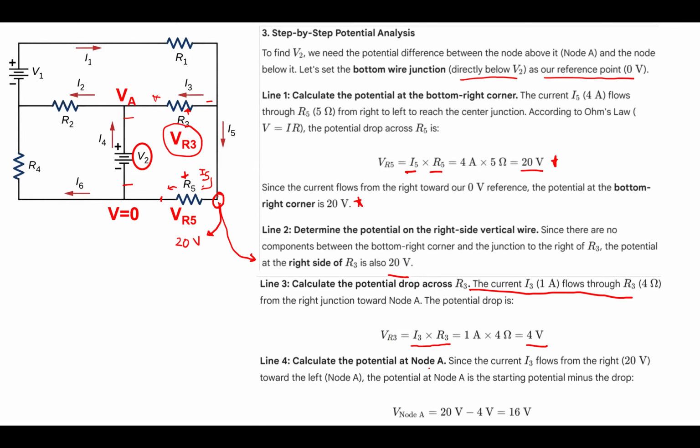4 volt. Since the current I3 flows from the right toward the left node, from here to here, the potential at node A is the starting potential minus the drop.